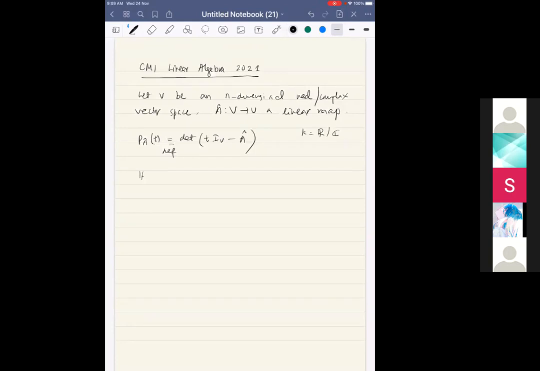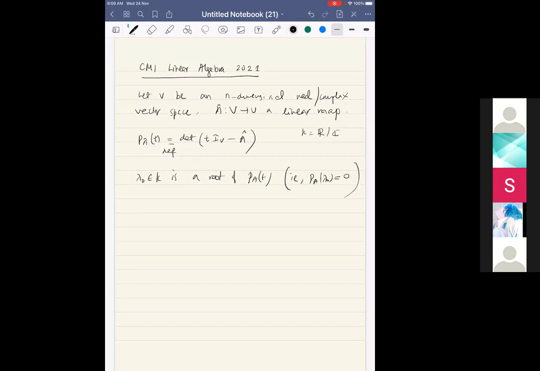So here is the key result. Lambda 0 in K is a root of P_Â(t). That means P_Â(lambda 0) is 0.